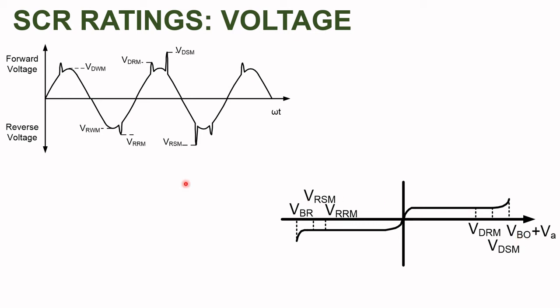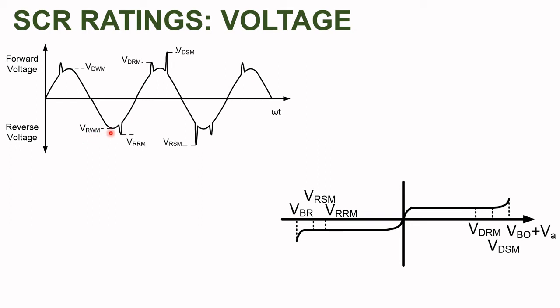Now let us go to the negative side. On the negative side, if you see here, the peak value or the amplitude of the sine voltage is given as VRWM, that is the reverse working maximum voltage, or the working voltage when the SCR is reverse biased and the value is maximum value.